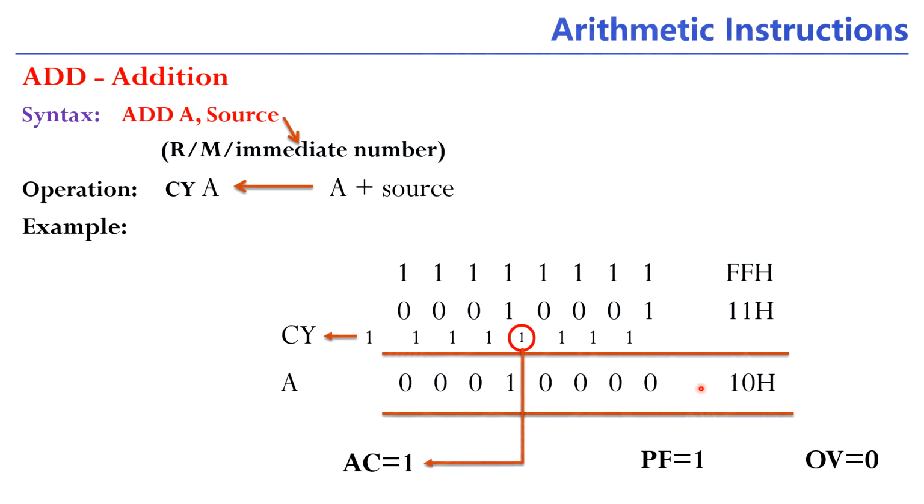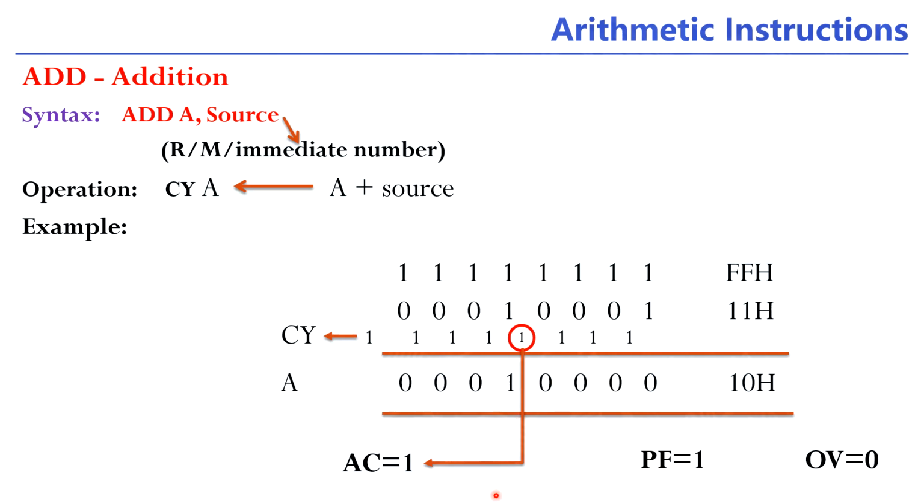Okay, next thing we will see the auxiliary carry. Is this flag set or reset, right? How to define this auxiliary carry flag? Basically this carry is generated from the last digit of the lower nibble.